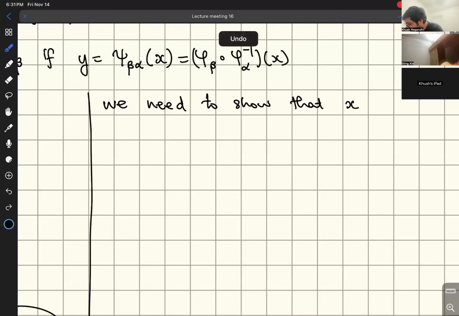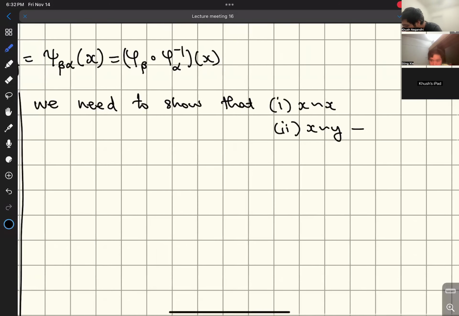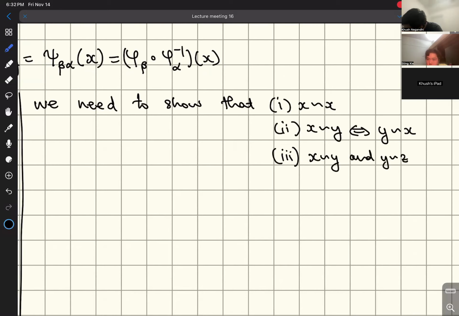Let me number these. This is one: x is equivalent to x. Number two: x is equivalent to y if and only if y is equivalent to x. And the final thing: if x is equivalent to y and y is equivalent to z, then x is equivalent to z. This is what makes the relation an equivalence relation.